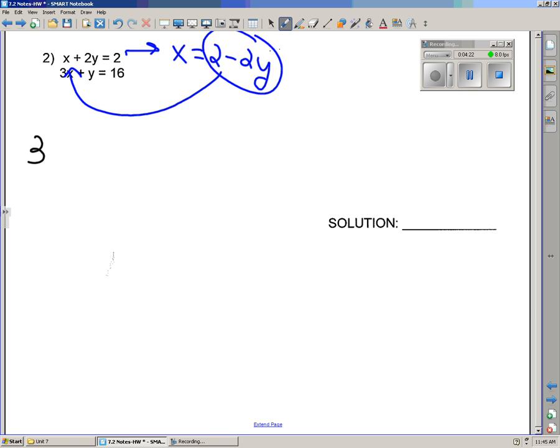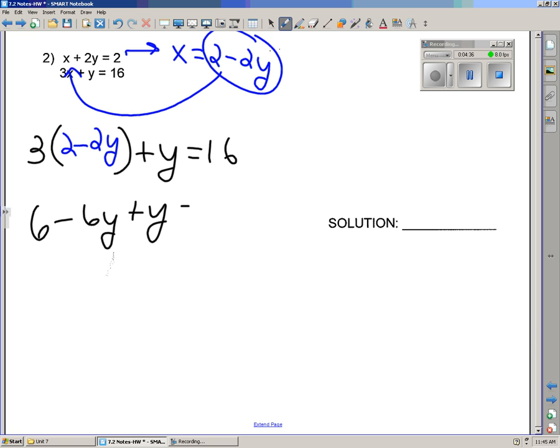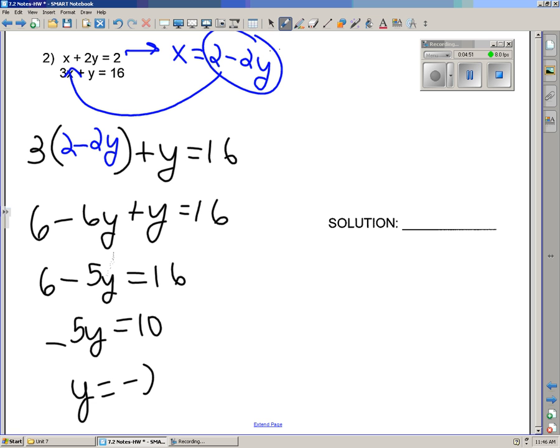So 3x plus y equals 16, and we know that x is the same as 2 minus 2y. Distribute: 6 minus 6y plus y equals 16. Combine like terms: 6 minus 5y equals 16. Subtract 6, -5y equals 10. Divide by -5, and y equals -2.